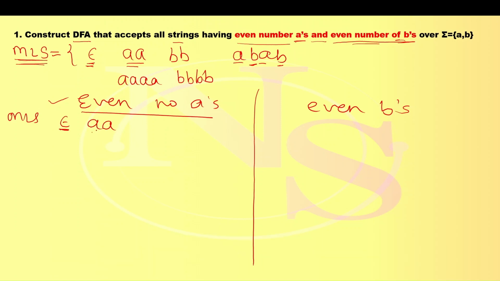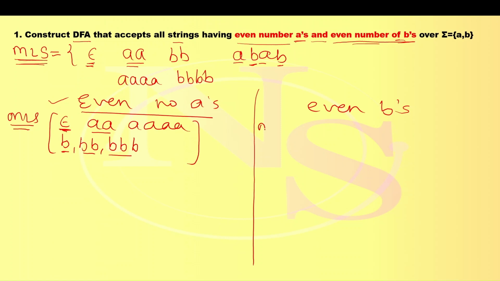Double A, even number of A's, or I can say 4 A's, even number of A's. If I write a single B here, how many A's are here? 0 number of A's, so it's also valid. If I write double B or triple B, no issue, because all these strings contain 0 number of A's, same as epsilon. So these all are valid strings and are part of the minimum length strings.